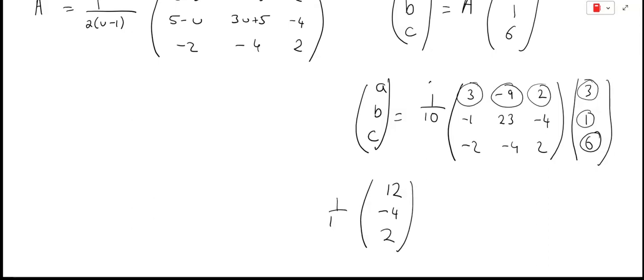Times by 1/10. And so that's going to give me 12 over 10, which is 6 over 5, as a, and minus 4 over 10, so minus 2 over 5 as b, and 1 over 5 as c. And that's the end of question 3.